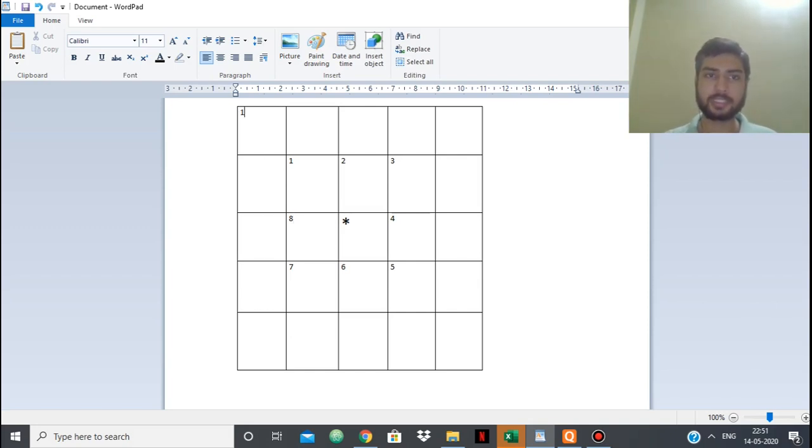Now we move to the next layer. The next layer will be this. So 1, 2, 3, 4, 5, 6, 7, 8, 9, 10, 11, 12, 13, 14, 15, and 16.